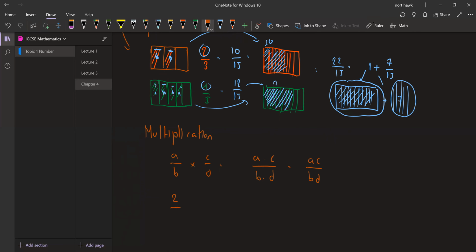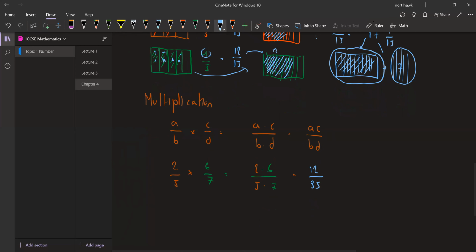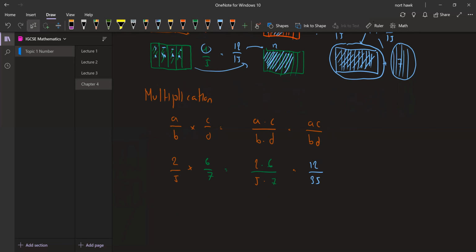Example, 2 over 5 times 6 over 7 would become 2 times 6 over 5 times 7. And that becomes 12 over 35 right there. That's for multiplication.